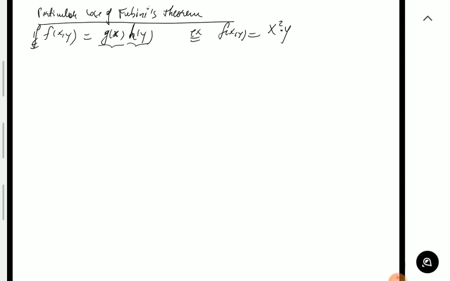So here's the reason why. According to Fubini, let's set up the integral with, as always, a and b indicating the x domain, and c to d the y domain. Let's set up the integral, the order doesn't matter, but let's set it up with the integral with respect to y first, the innermost one with respect to y.